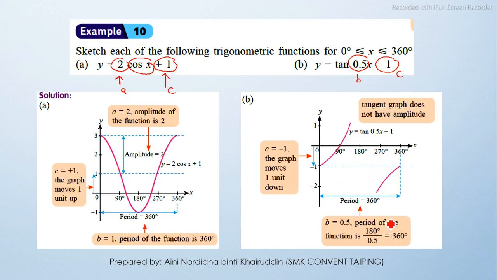And the period for the tangent function is 180 over B. So 180 over 0.5 equals 360. So it needs 360 degrees to make a complete circle.